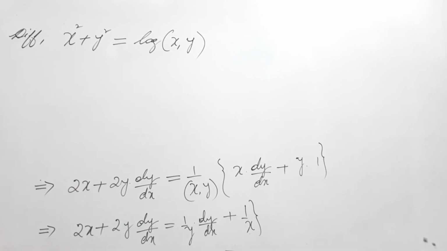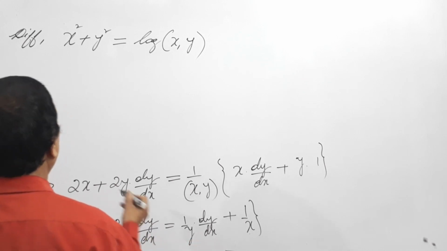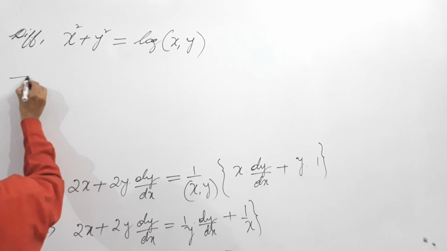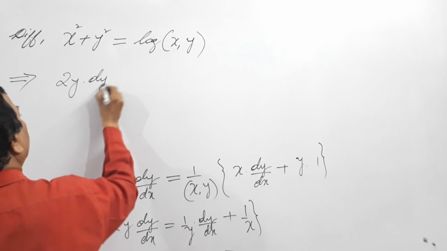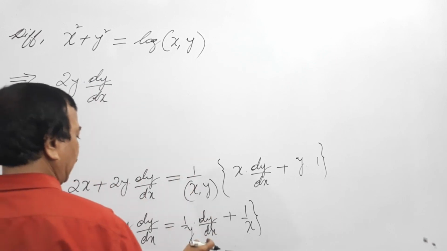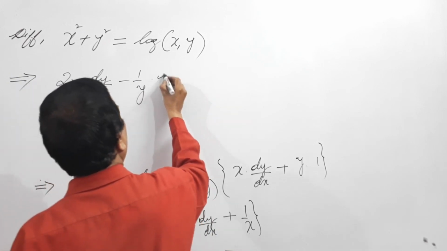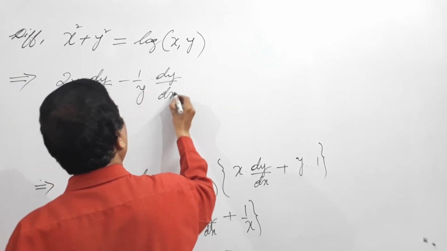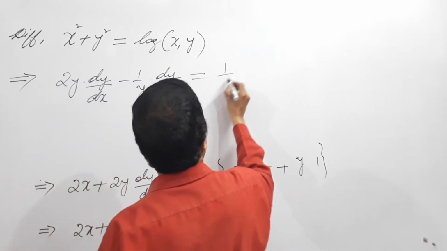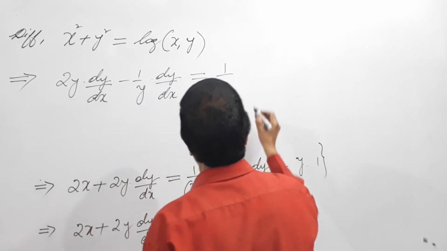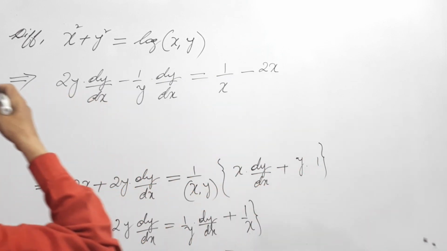Okay. So I'll bring this towards the right. By regrouping, that is 2y into dy by dx, I'll bring it here, minus 1 by y into dy by dx equals to 1 by x minus 2x.